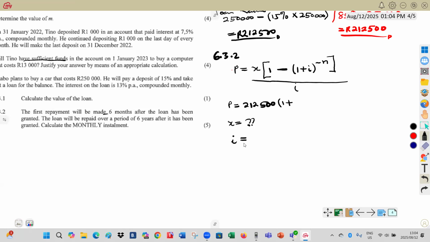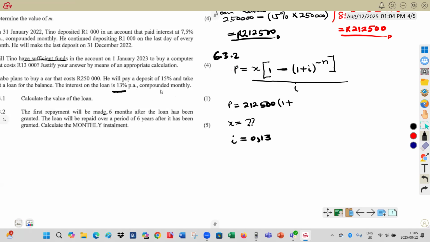So you adjust using the formula for compound interest, 1 plus i. Our X we do not know, we need our i there. Our i is going to be equal to the rate. The rate is 13% here. We are not going to use the 15%, because 15% was the deposit. So we use this 13%. Convert it to a decimal, 13 over 100, which gives 0.13.